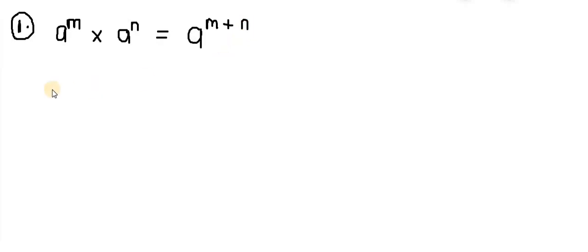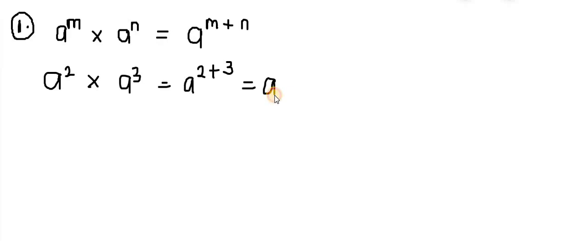And how do we apply this? So if we had numbers in place, if we said a to the power of 2 times a to the power of 3, the way we would solve this is a to the power of 2 plus 3, which is equal to a to the power of 5.